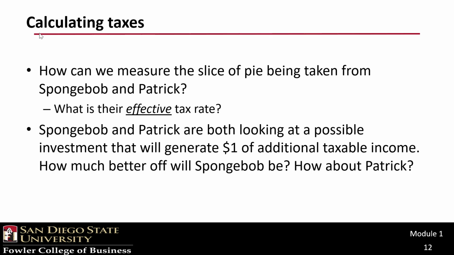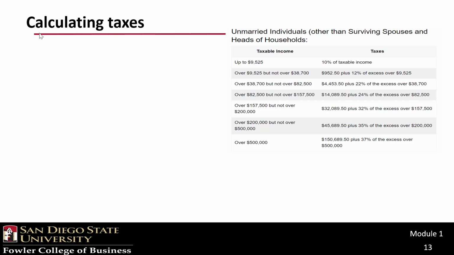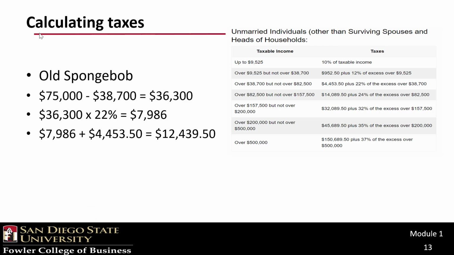Okay, so SpongeBob and Patrick are both looking at a possible investment that will generate $1 of additional taxable income. So if they generate that $1 of additional taxable income, how much better off will SpongeBob be? And same with Patrick. Okay, so let's pull up the tax table and look at old SpongeBob. Here's this same old calculation we're used to, right?